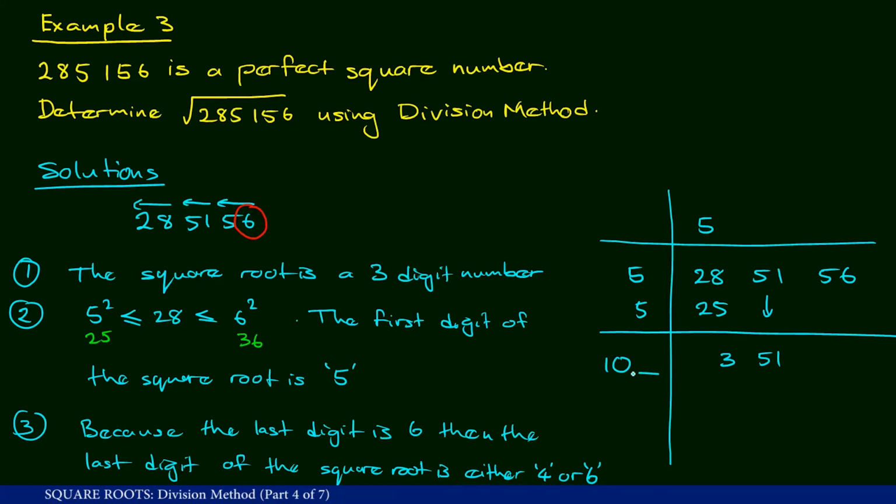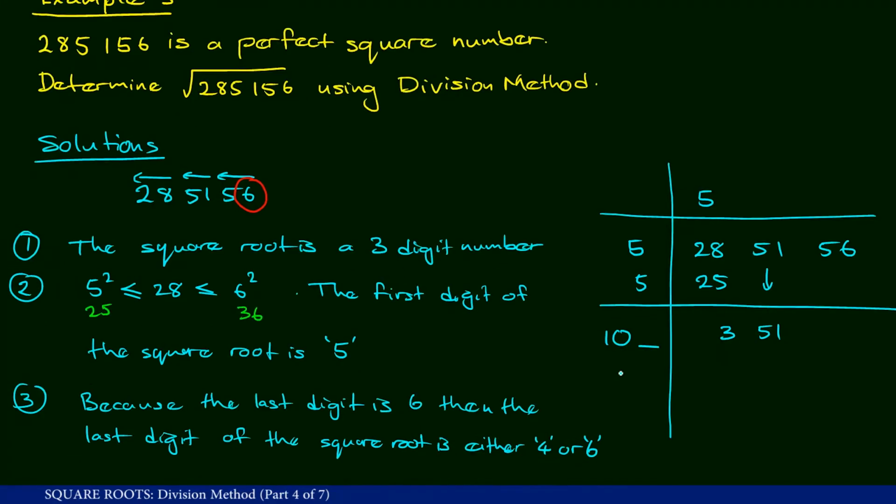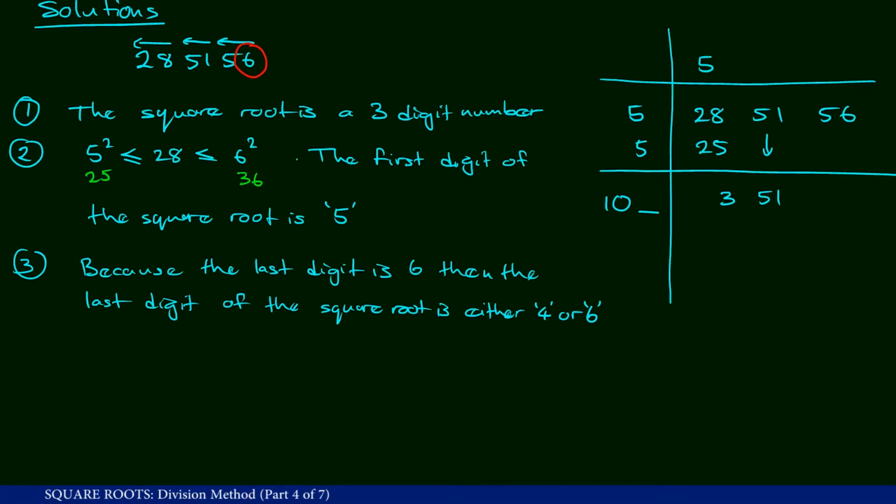So what would the next digit be? We need to figure that out. Can we guess a number? Let's say 105 times 5. It's going to be 525. This must not be it, the digit has to be less than 5, because 525 is more than 351.